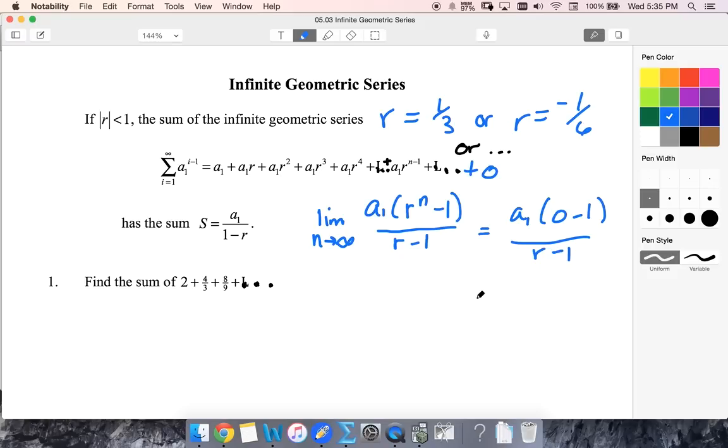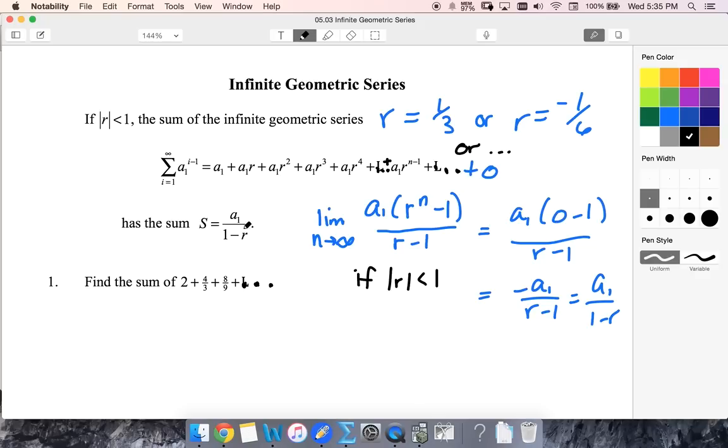Well, 0 minus 1 is negative 1, negative a1 over r minus 1. If I move that negative to the bottom, positive a1 over 1 minus r. So this only happens if the absolute value of r is less than 1, which means that this limit turns into 0.